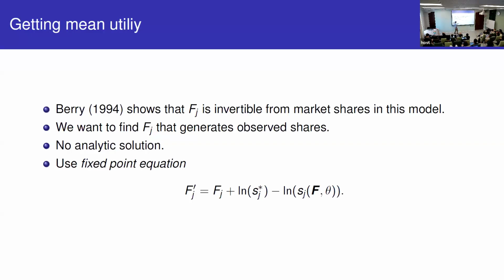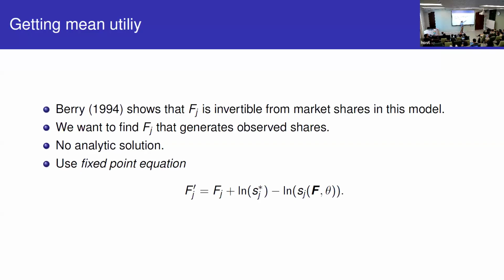So we'll set up, this is the one that BLP used. They think of starting with a guess of F. Then this is the market shares in the data. This is the market share from your model for a given set of parameters. I think of theta, somewhere I wrote it, theta includes all the alphas and the sigmas. Okay. So this is the model. This is the data.